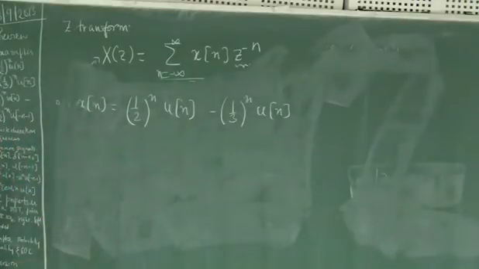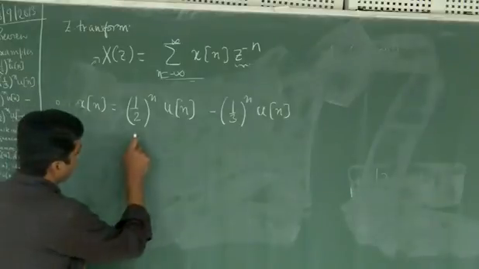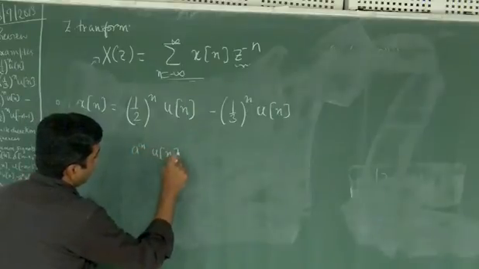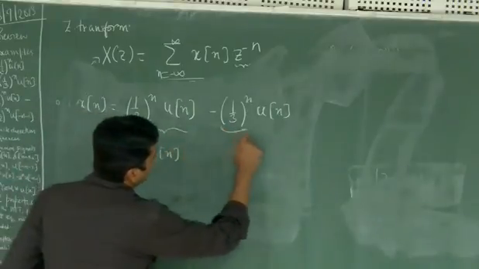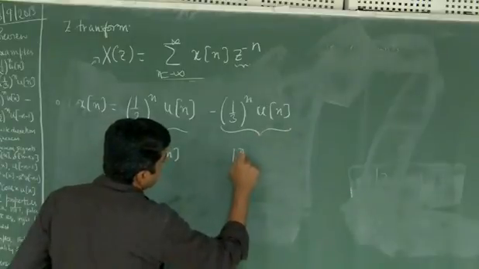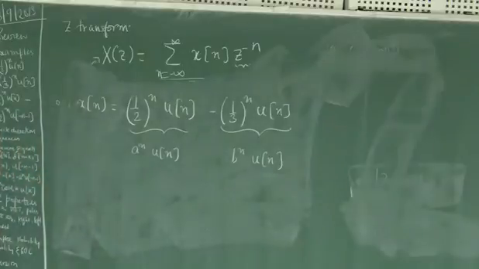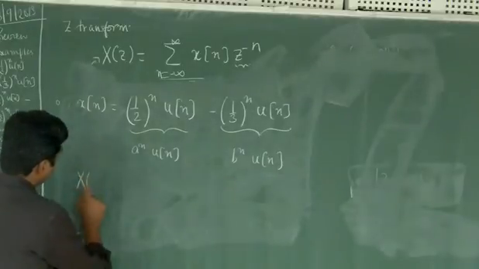So what would be the Z transform of this? Okay. So this is again in this form, right? A to the n u of n, correct? Both these signals are in that form. So what would be the Z transform here?